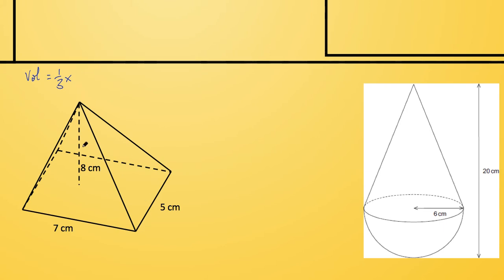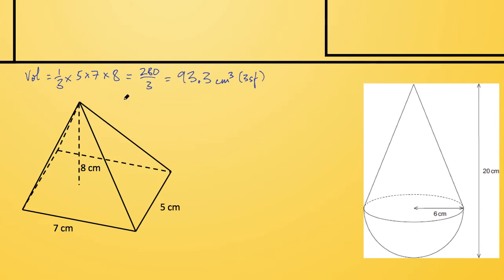So 1/3 times the area of the base times the height. 1/3 times 5 times 7, the area of the base, times the height. Which is 280 over 3, which is 93.3 centimeters cubed to 3 significant figures.